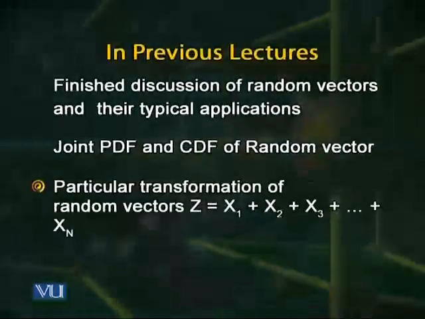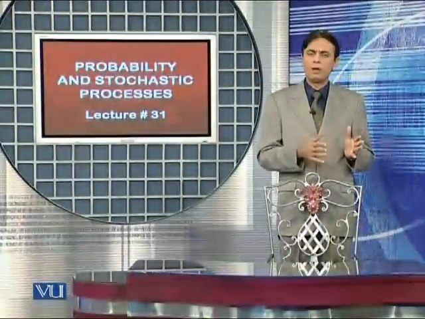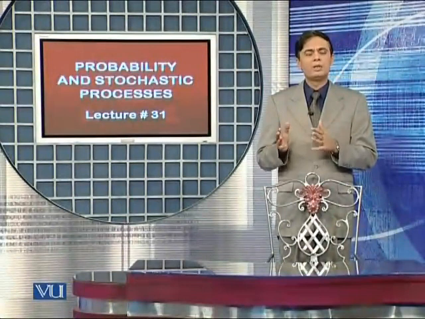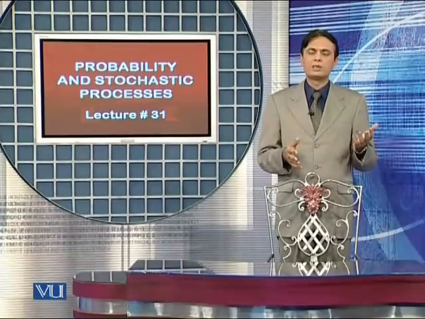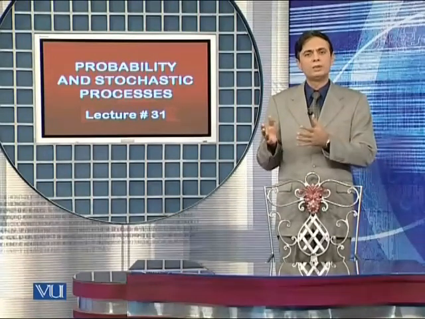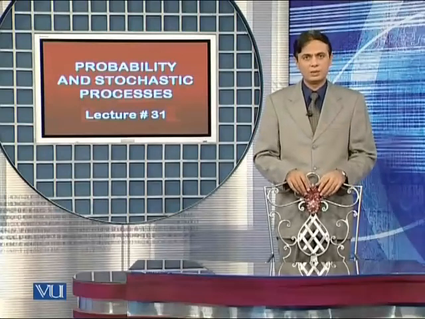So z was defined as x1 plus x2 plus x3 all the way to x capital N. So z, a scalar valued random variable, was sum of a finite number of random variables. This was an important case, and we tried to find the PDF of this transformed random variable from the PDF of the individual random variables used in that summation.